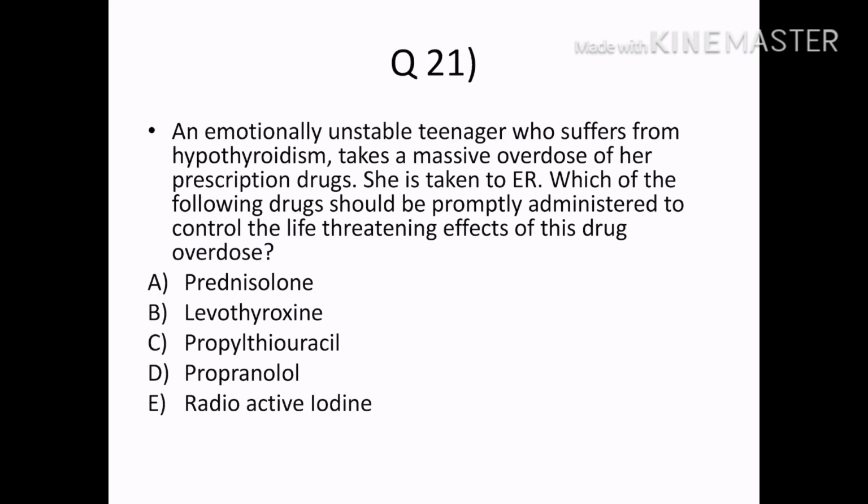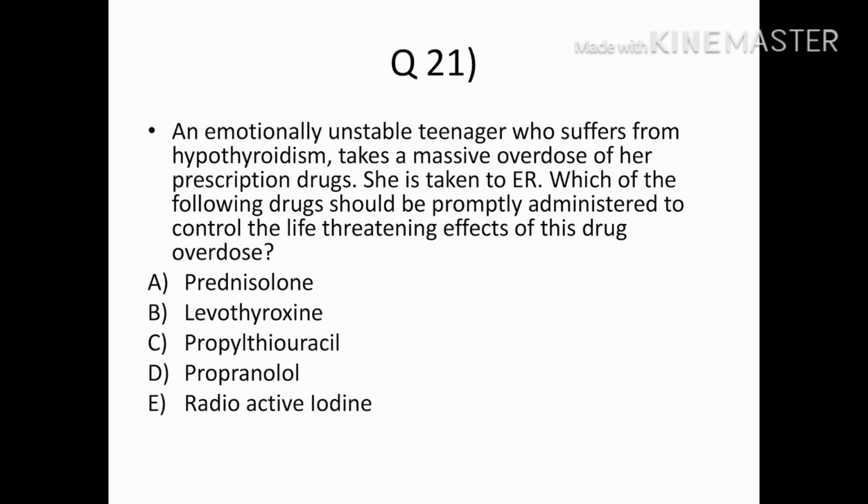So, this patient will present with the same manifestations as a patient of thyroid storm. So the drug we need to give her to manage the life-threatening side effects of this drug will include D. Propranolol. Looking at the other options, prednisolone has no role. Levothyroxine, well, she is already overdosed on levothyroxine.